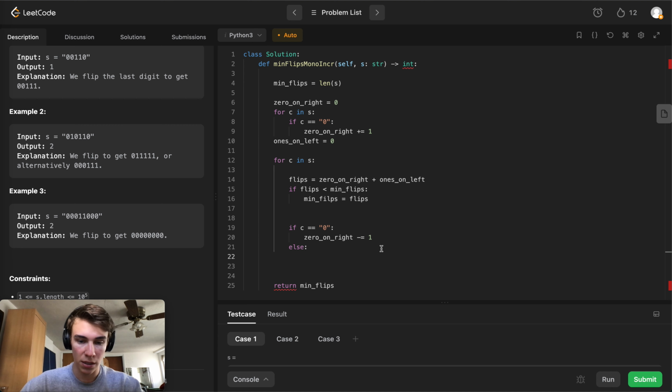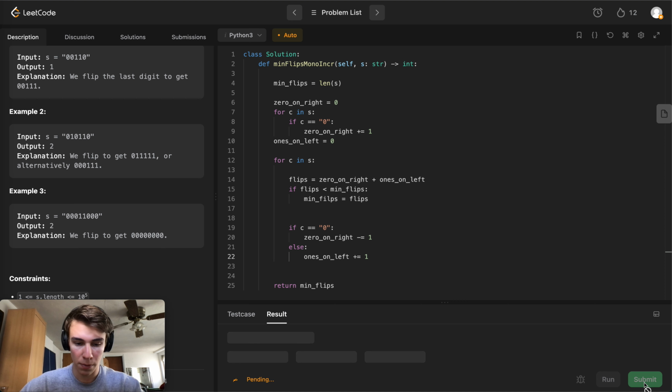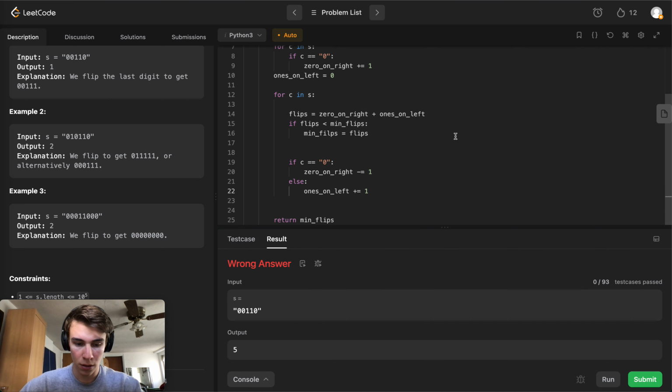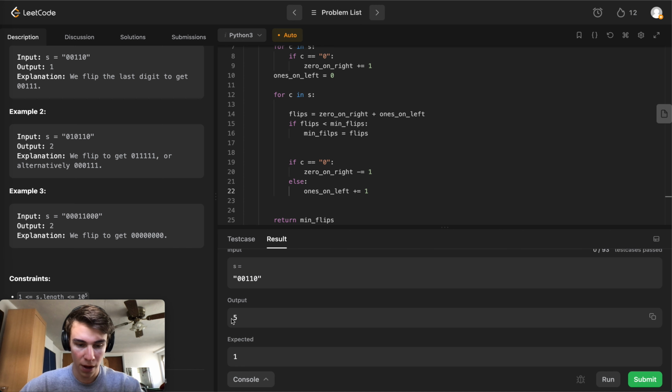Else, the only case is that it's a 1, so I'm going to add ones on the left plus 1. Submit this. Wrong answer, output 5, expected.